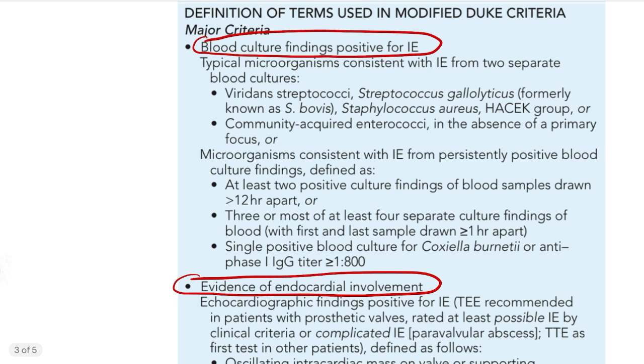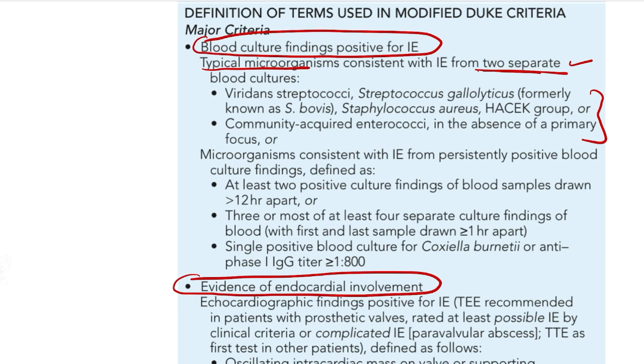Okay. So blood culture. What is the blood culture criteria? Basically, typical microorganism with at least two cultures. Okay, what are the typical microorganisms? Just read these organisms, but it should be typical.